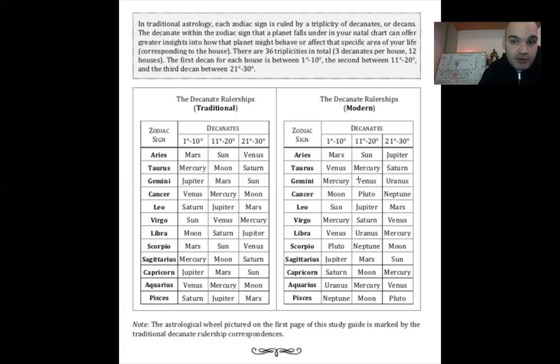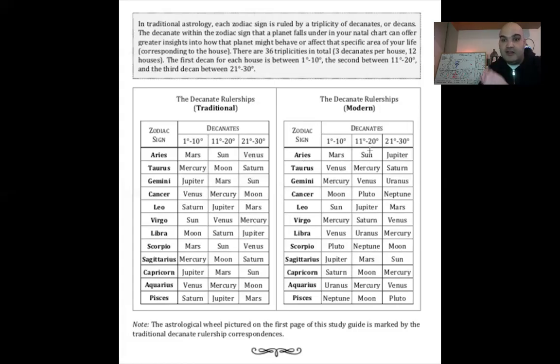Whereas in the modern system, it's not quite like that. It corresponds with the signs that have the same element. So for example, the first decan of Aries is ruled by Mars, because obviously Aries itself is ruled by Mars. The second decan of Aries is ruled by the Sun, because then it goes on to the next fire sign, which would be Leo.